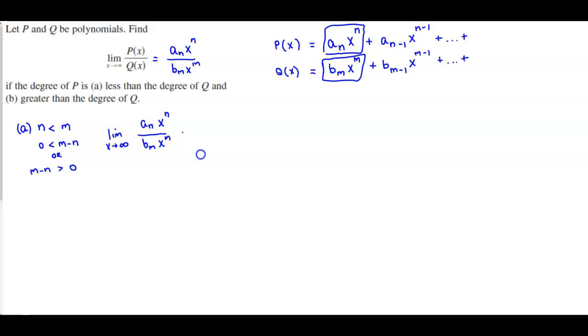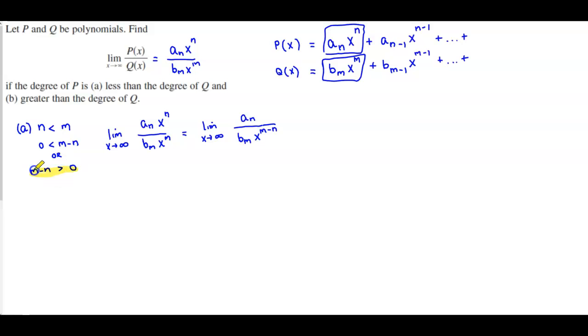So that means what we can do is get the limit as x approaches infinity of a subscript n divided by b subscript m, and this becomes x to the m minus n. So now that's what we have in the denominator: x to the power of m minus n. So what do we know about m minus n?